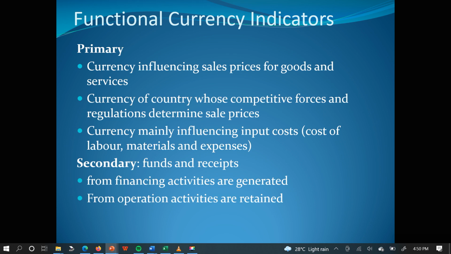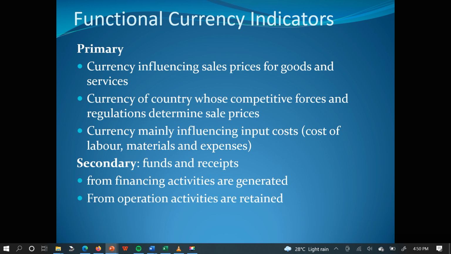You must consider primary factors, you must consider secondary factors. The primary factors will be the currency influencing sale prices for goods and services, the currency of the country whose competitive forces regulate or determine sale prices. So if you think about Porter's five forces, what currency determines that? The labor, the demand, the supply. And the currency mainly influencing input costs.